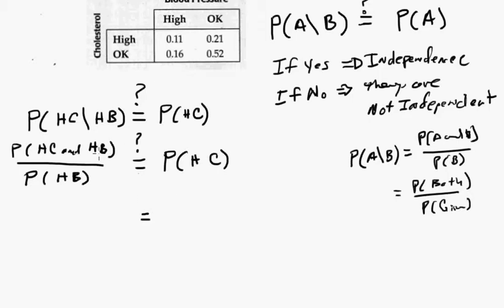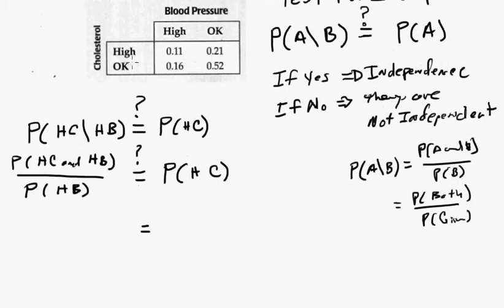You could probably pull this out of the table pretty easily, but let's just check. So the probability of high cholesterol, we would have to add these two, right? We want to get this marginal distribution right here. So it's going to be 0.11 plus 0.21.